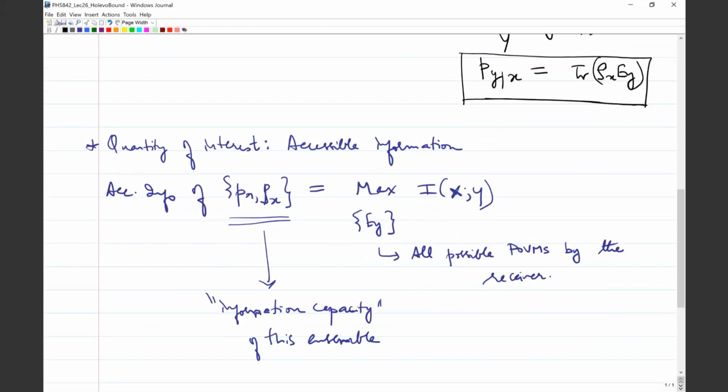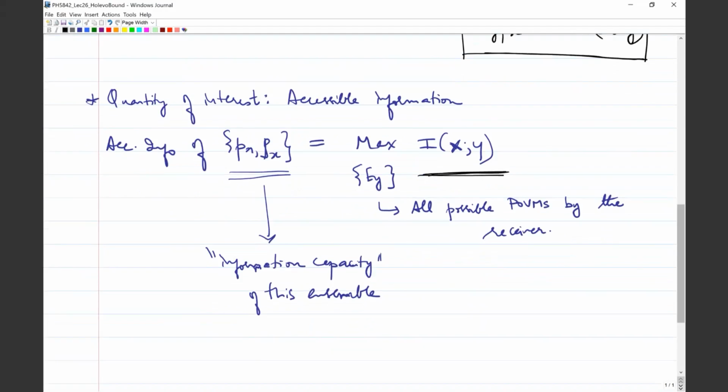So what is a general upper bound on this quantity? So the question that the Holevo bound addresses is how large can this accessible information be, right? What is the maximum accessible information for a given ensemble of quantum states? So if I look at this quantity here, which is the classical mutual information, you know that the classical mutual information is bounded by the Shannon entropy of the random variable x, right?